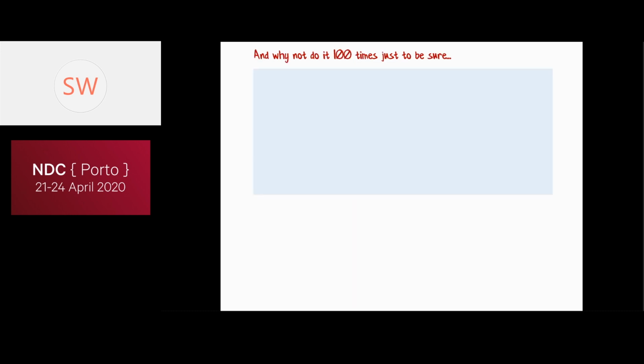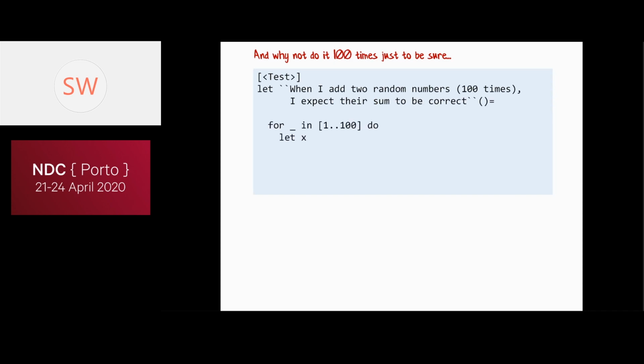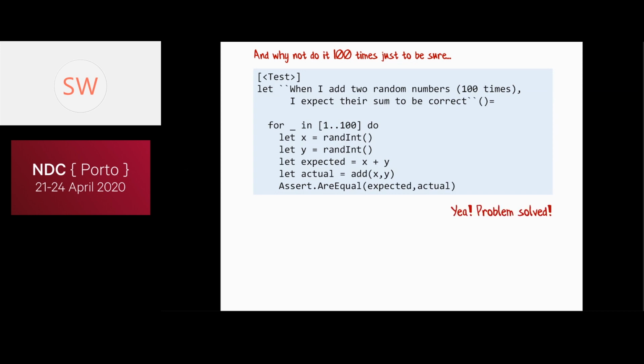Let me just do it 100 times, just in case he gets lucky with the two random numbers, so it's not a coincidence. Okay, so there's the final test: 100 times, take two random integers, add them together, and make sure that when we call our new add function, we get the same answer. So this is great. The enterprise developer from hell cannot possibly beat this test.